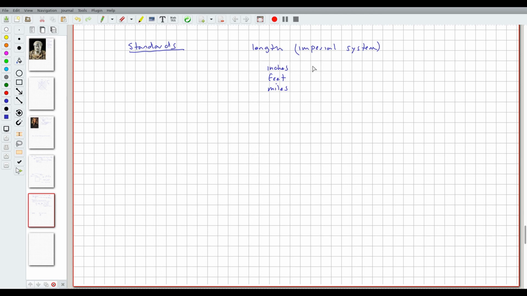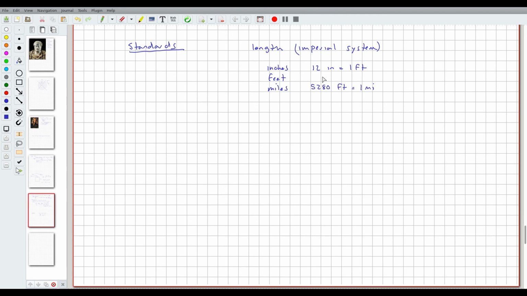Now, not only that, if you want to go from a foot to inches, we know that there are 12 inches in 1 foot. What if you wanted to go between feet and miles? Well, there's 5,280 feet in 1 mile.